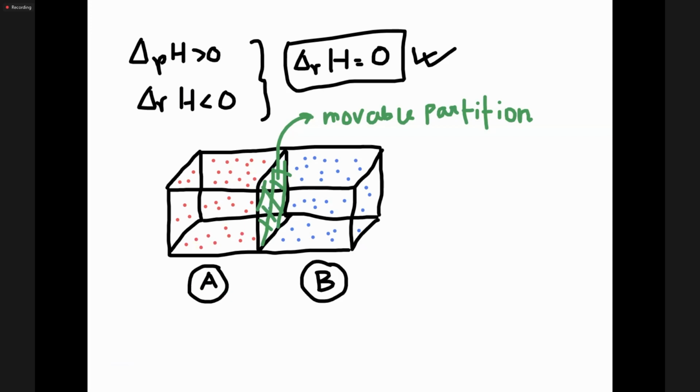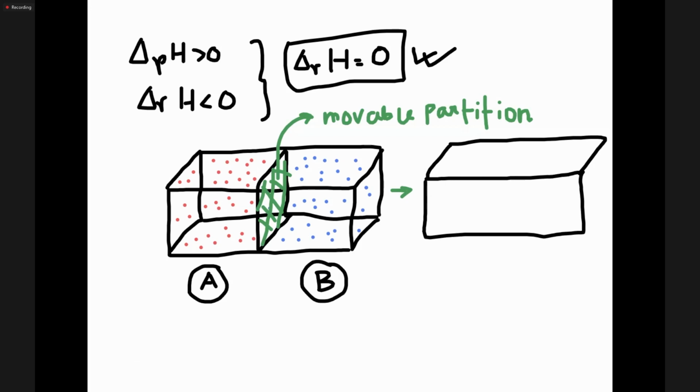After a period of time, the diffusion will be complete. And then what will be the scenario here? Now in this case, we will altogether have all the gas particles mixed.